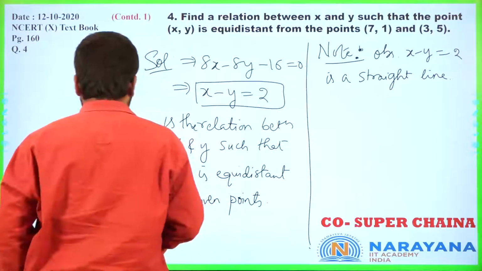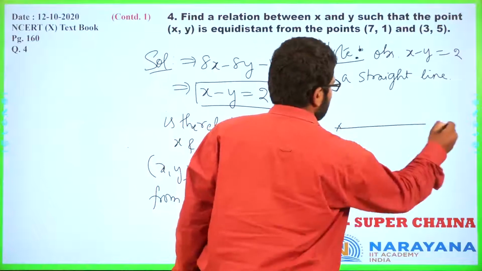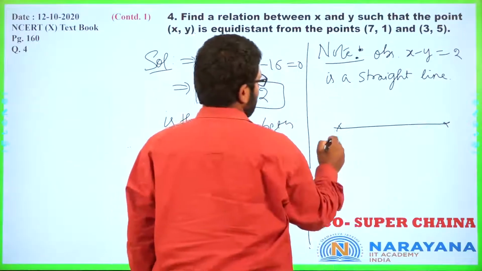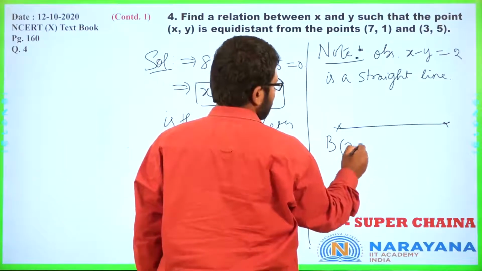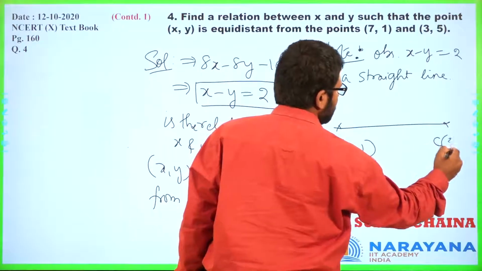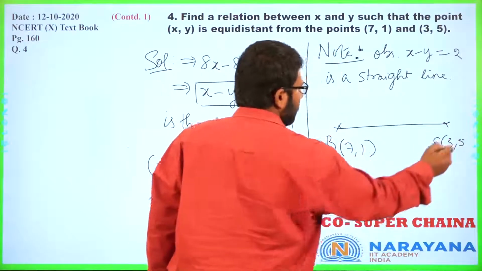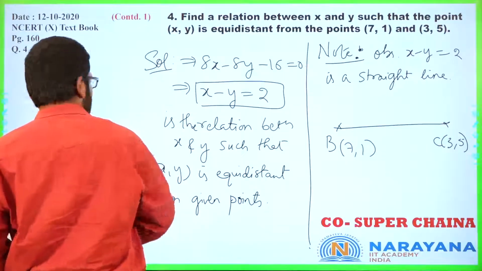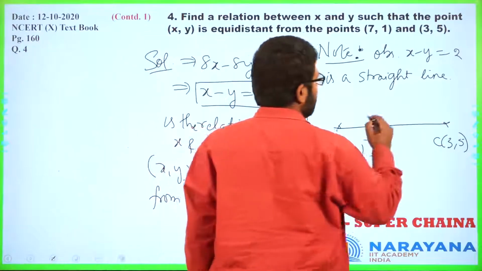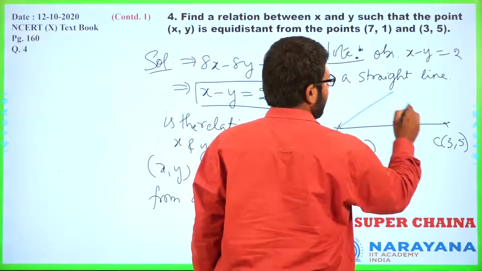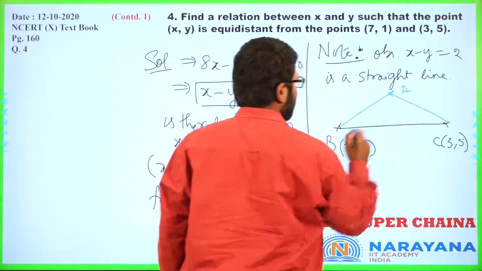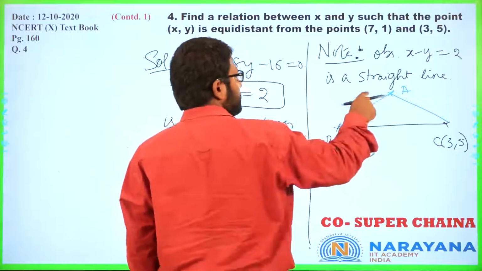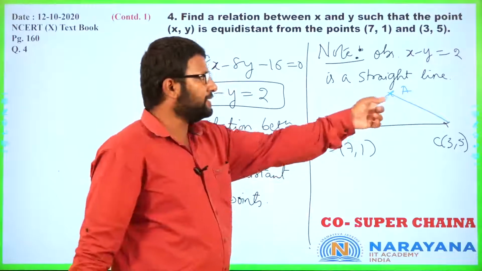So let us check. Take the 2 points B 7, 1, C 3, 5. Now ask yourself, where should A lie? Where should the point A be? We want AB and AC, A to be equidistant, no? But we don't know what these distances actually are.